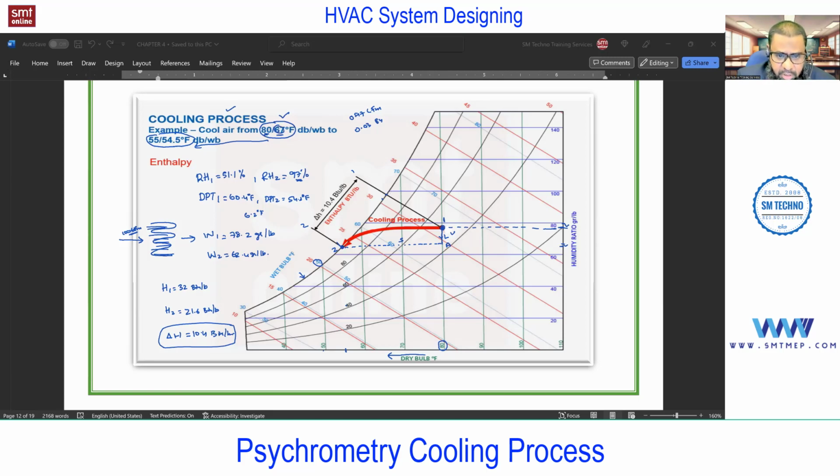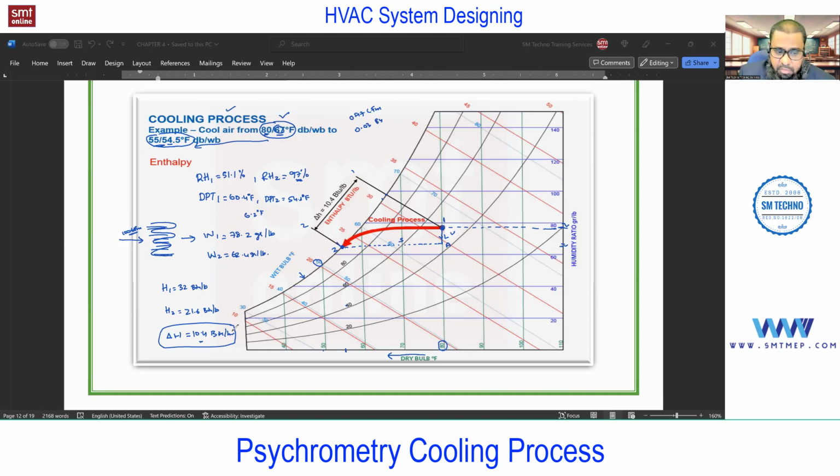This is a point. And at this point the wet bulb is what? 50, 60, so I can consider 55, we're getting 54.5. So with this matching, you see this condition we require to achieve. If you want to change the dry bulb and wet bulb to this 55 and 54.5, this much heat you need to extract.